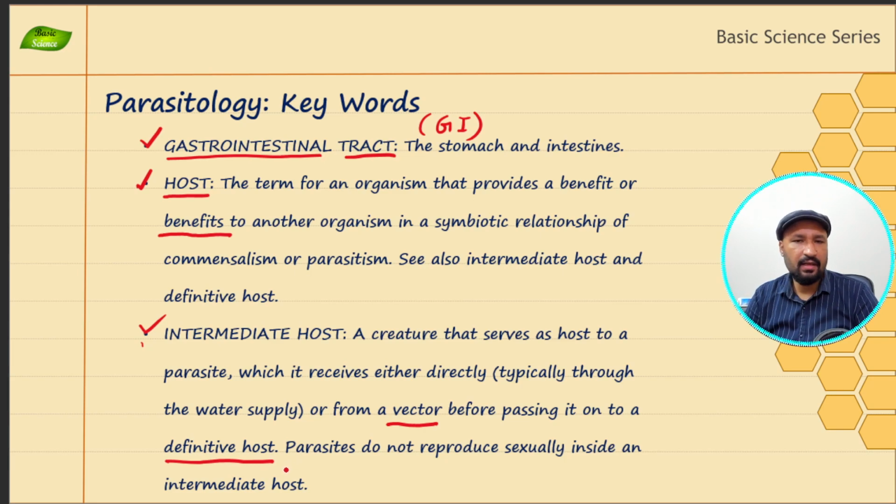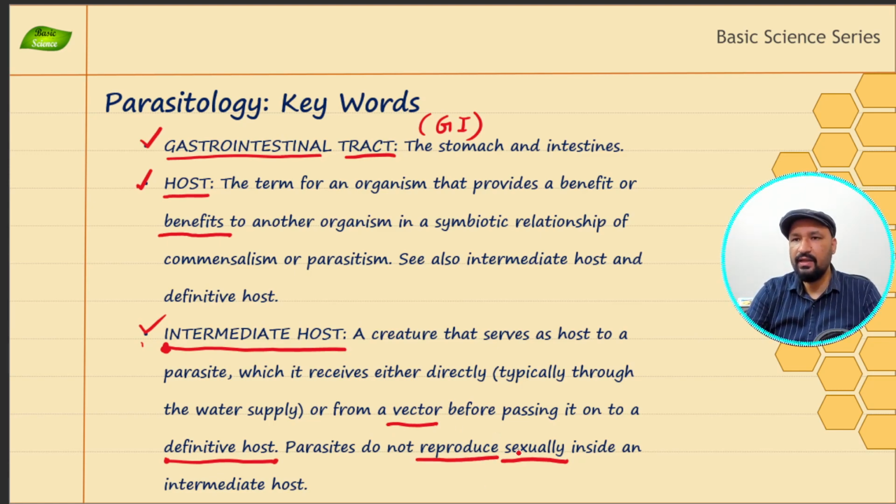In particular, an insect can serve as an intermediate host. Intermediate is nothing but something that comes in between in the stages of transferring the parasite from the environment to inside the definitive host. It's carried by a particular secondary host, so you can call that host the intermediary host. As you can see here, parasites do not reproduce sexually in this case. That is another very, very important point.